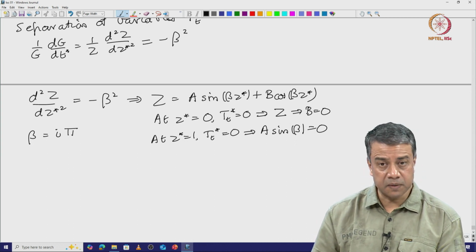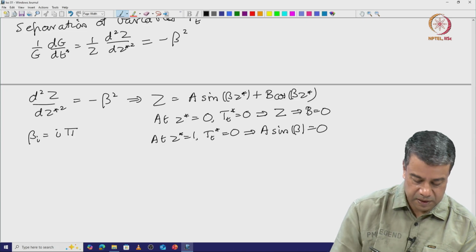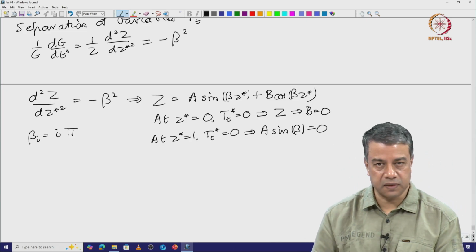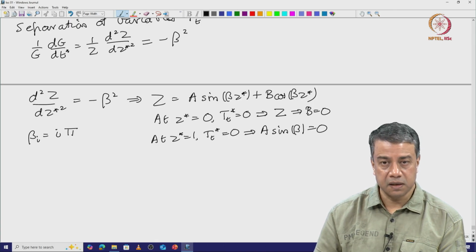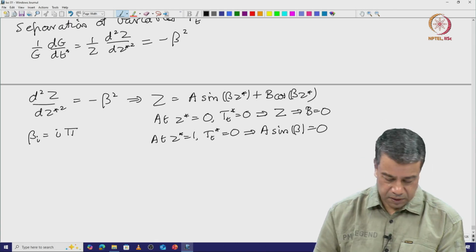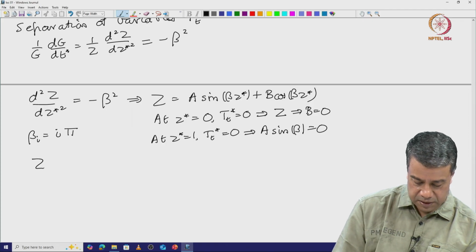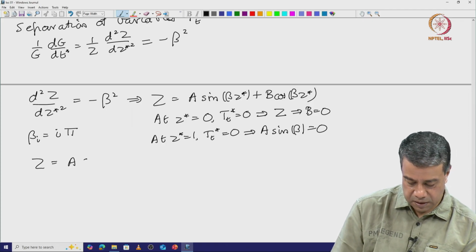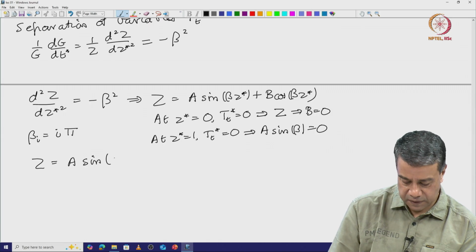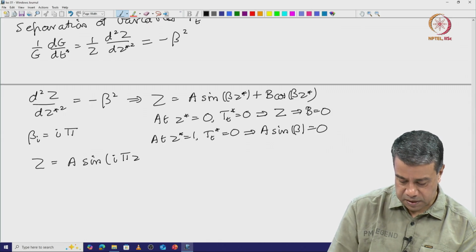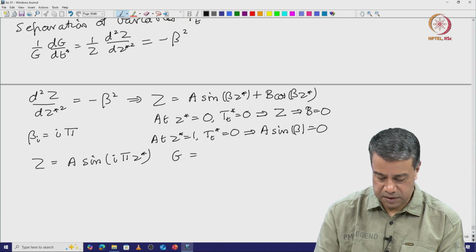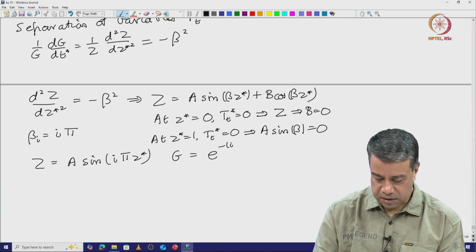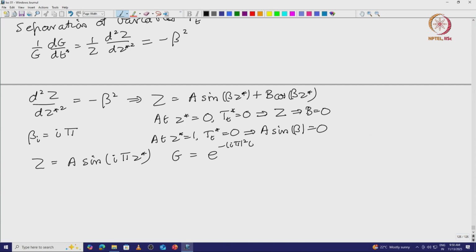So beta can have multiple values. I will call that beta i. It can have multiple values, that is, all values of i pi for i being an integer. Therefore, I get Z is equal to a sine of i pi z star, and the g function I had got quite easily as e power minus (i pi) the whole square t star.